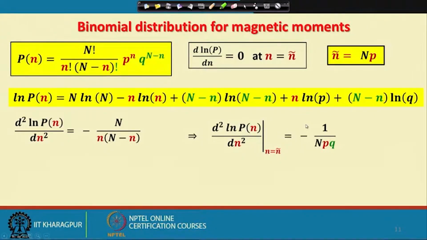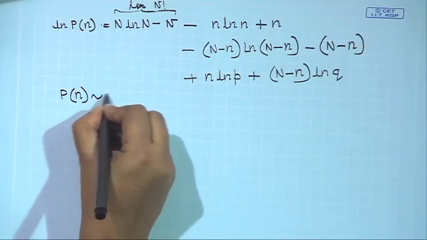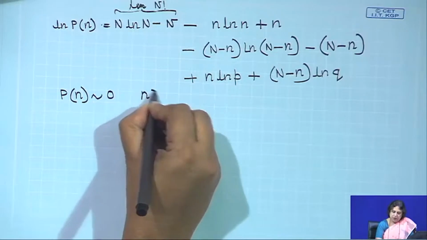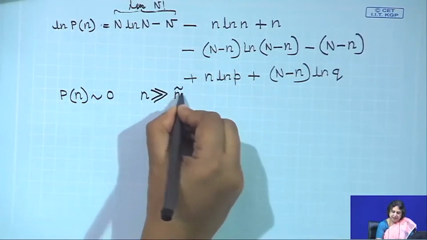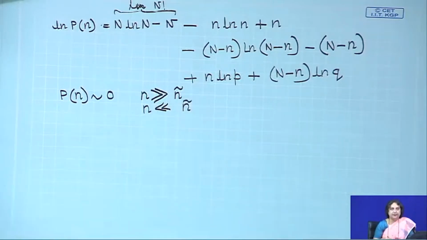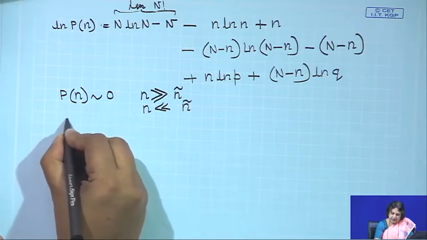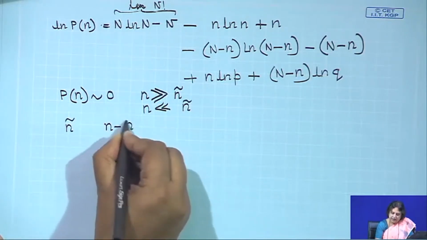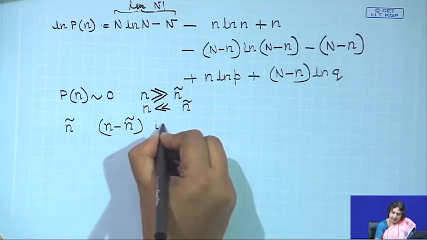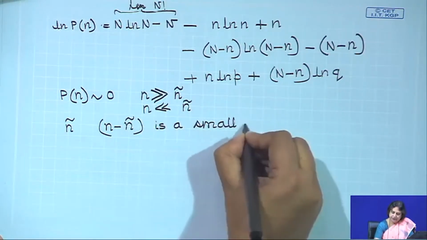But why is it that I am interested in the second derivative? I am doing this because, as I said, P n is roughly about 0 if small n goes much greater than n tilde or falls much less than n tilde, which means that in the vicinity of n tilde, n minus n tilde is a small variation.